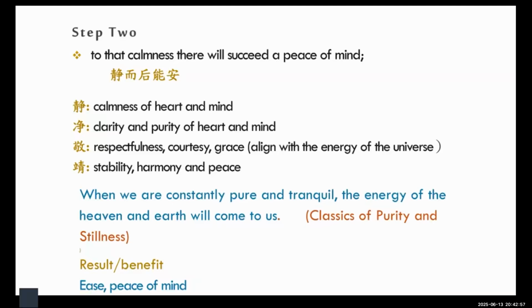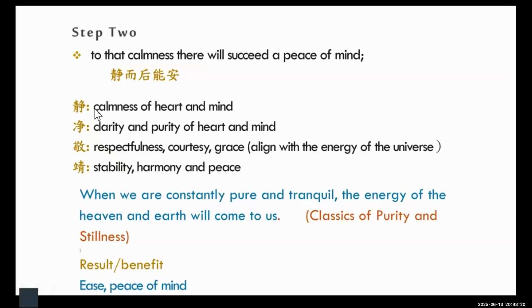And then the second one, with 2 dots here, it's like water, right? It means purity and clarity of our heart and mind. When we have the first one, then we will have this one, the clarity and purity of heart and mind. And then what follows will be respectfulness.